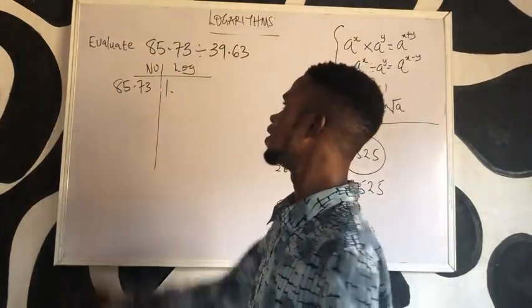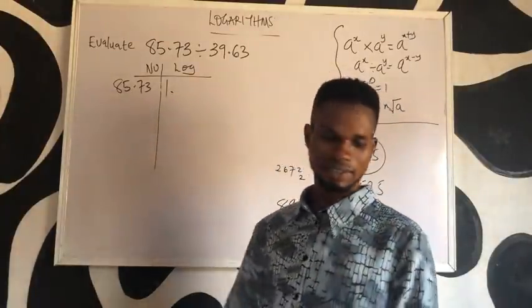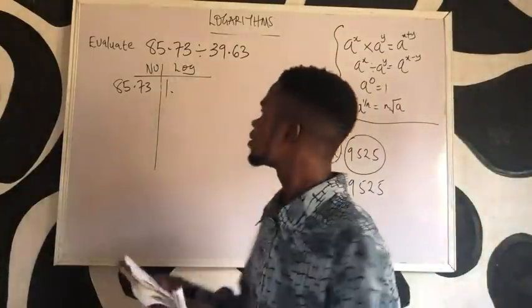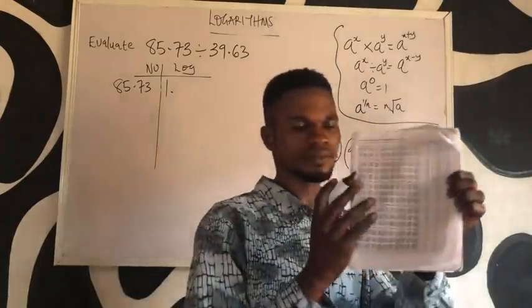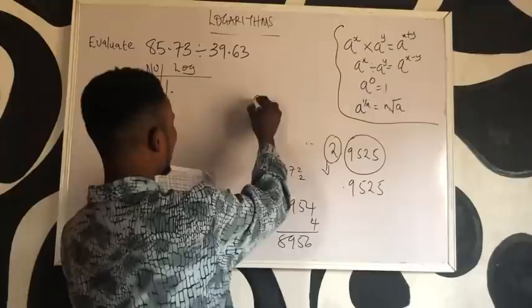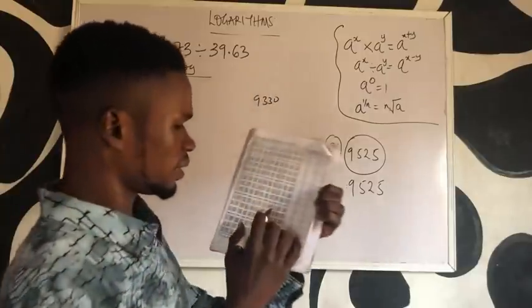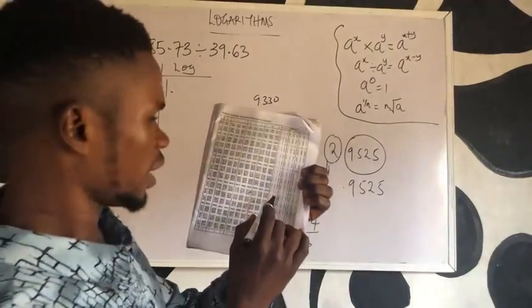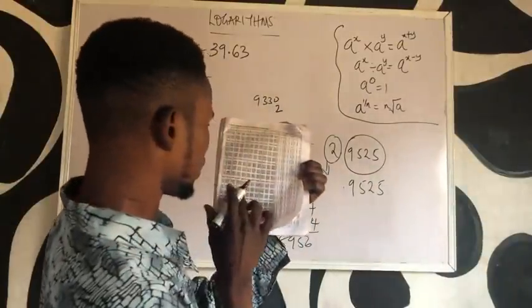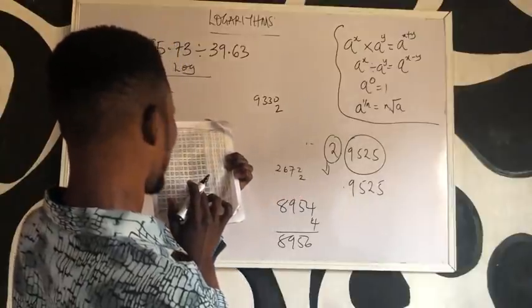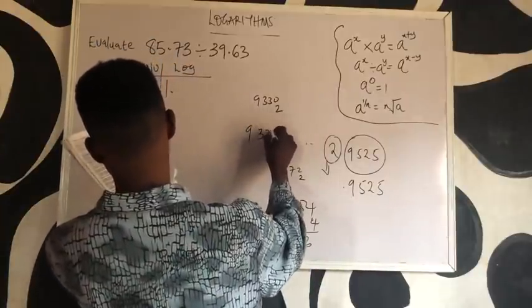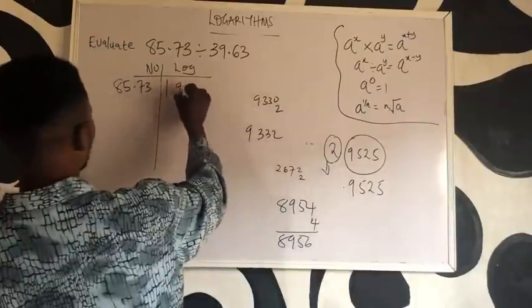Now check the logarithm of 85 under 7, difference 3. 85 under 7 is 9330. The difference 3 is 2. That's 9332.